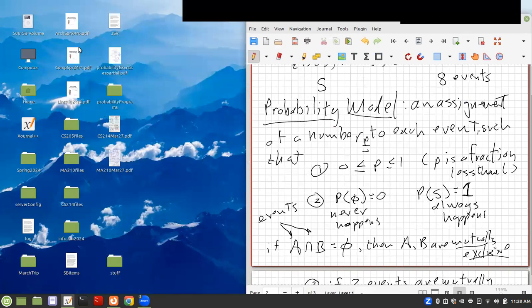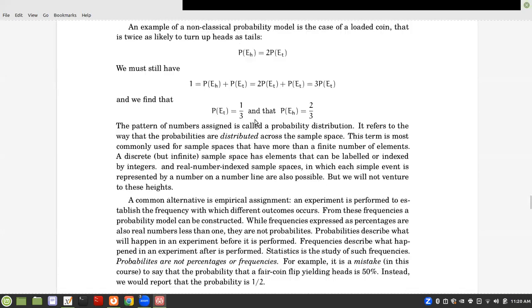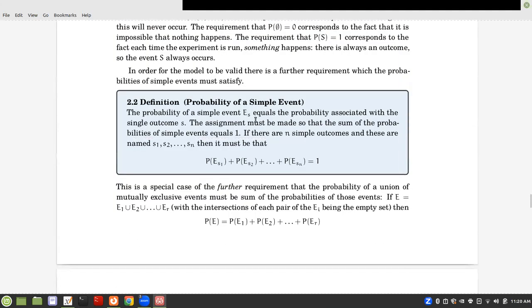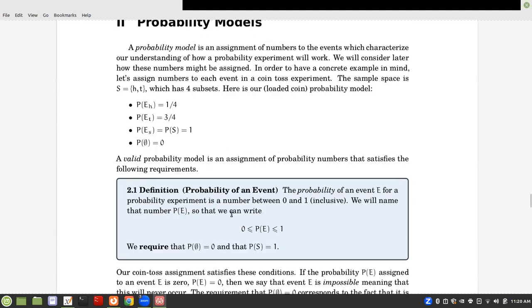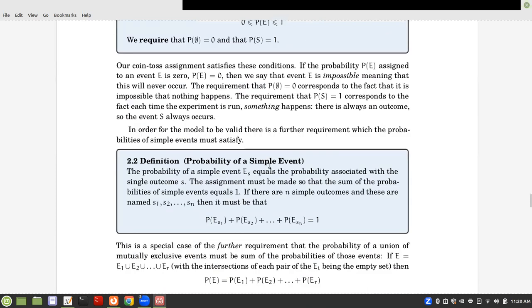And let me just make sure that we're in the text. You can see, before we get to the classical probability, okay, there's the probability of a simple event. The probability of an event is less than or equal to 1. The probability of the empty set is 0, the probability of S equals 1.